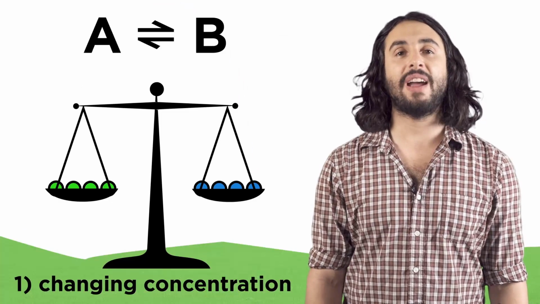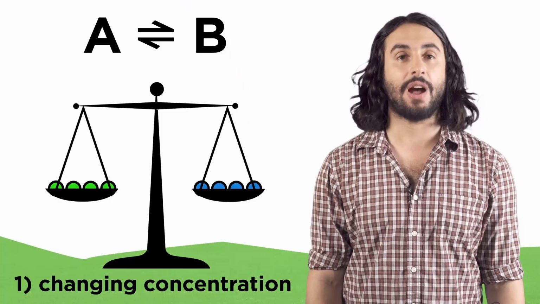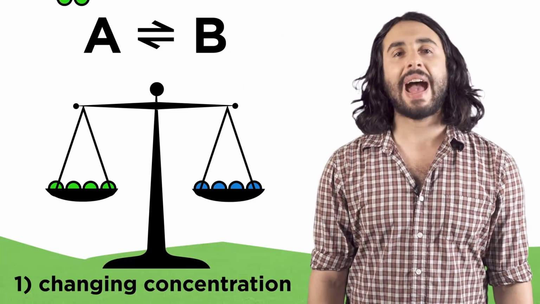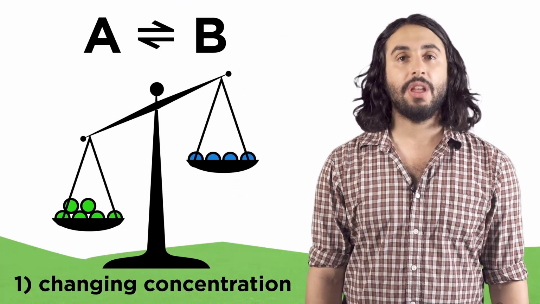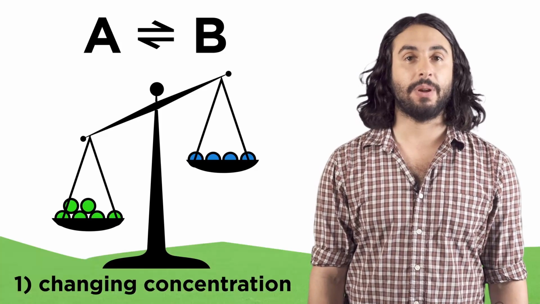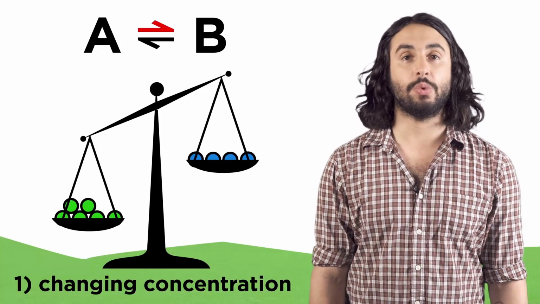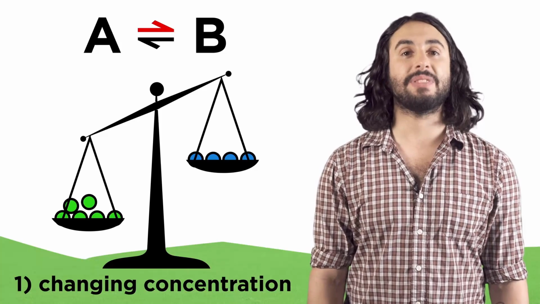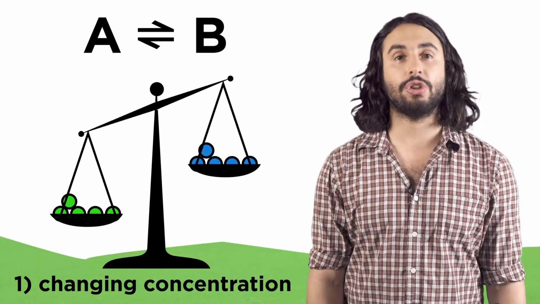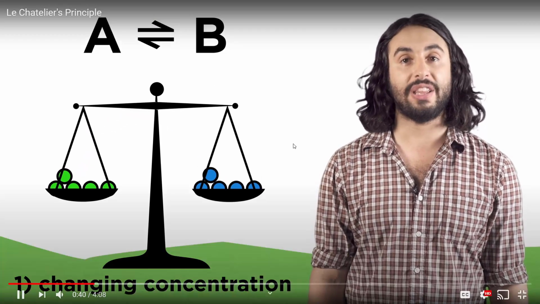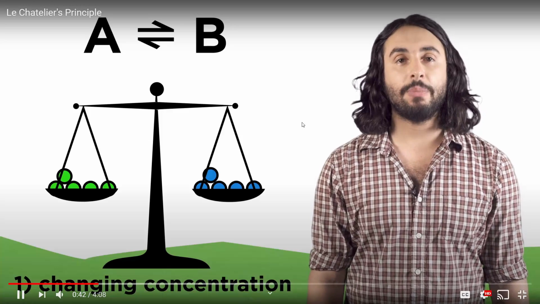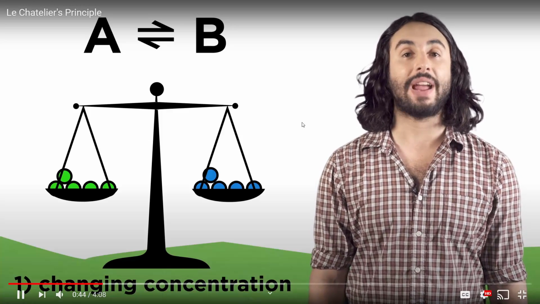First, we could modify the concentration of any of the compounds. Let's say we add some of this reactant. That will unbalance the equilibrium, and the forward reaction will speed up to use up some of the additional reactants, turn them into products, and restore equilibrium. The equilibrium is said to have shifted right.